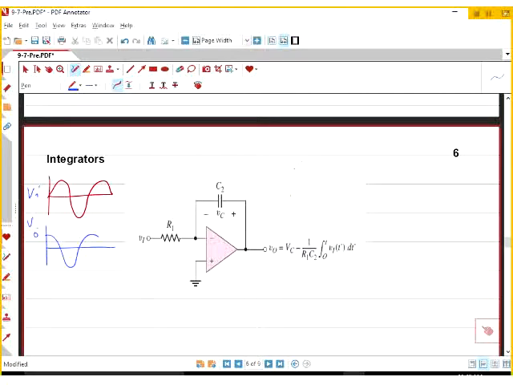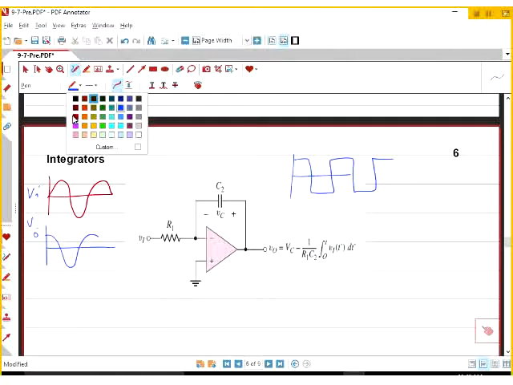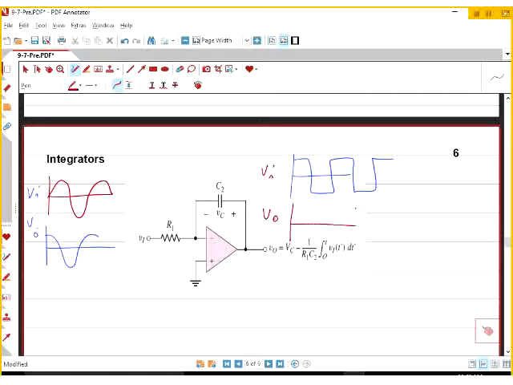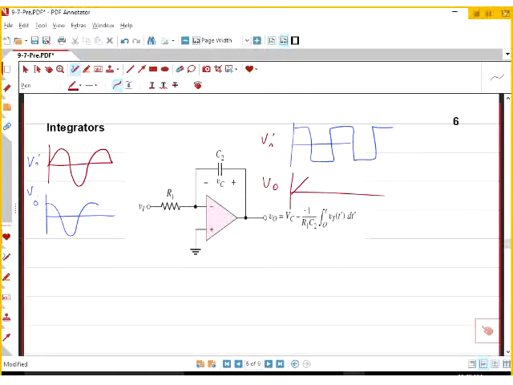Or if your input is a square wave, let's say this is VI, your VO is, well, it's a constant, so you're going to get X. Then you have a negative number, so that means you're going to go with the negative slope. Your output is something like this.